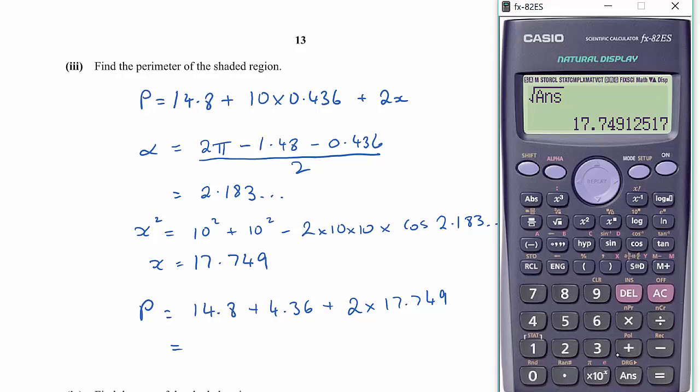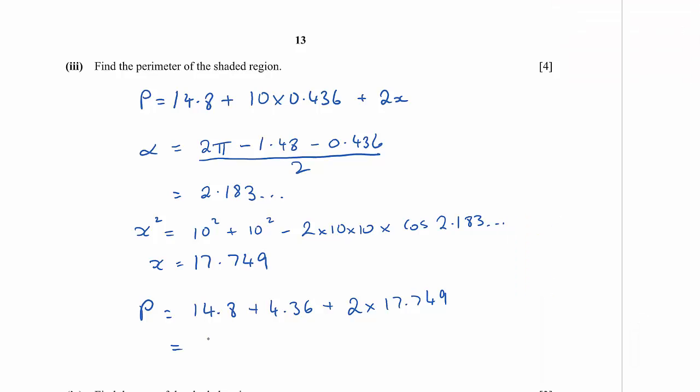So the last answer, multiply that by 2, and then add on 14.8 and 4.36. That gives me 54.7. I'll just call it 54.7. And that would be in centimetres, and that's correct to 1 decimal place.